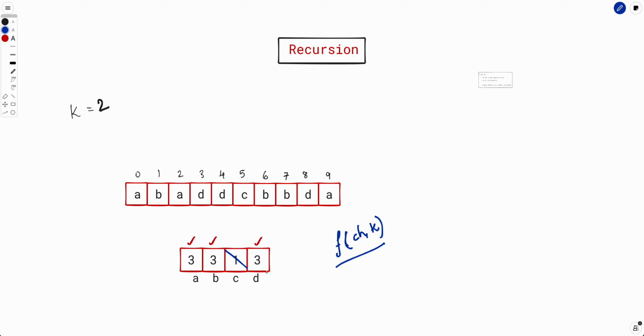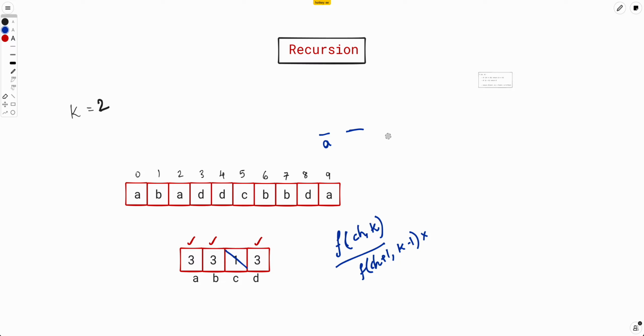So if you think about it, either you will pick CH or you will not pick CH, right? If you pick CH, the characters that you remain with start from CH plus 1 and you have K minus 1 more things to be filled out. Let's say you have taken A here, or you are saying that I will pick A for sure.